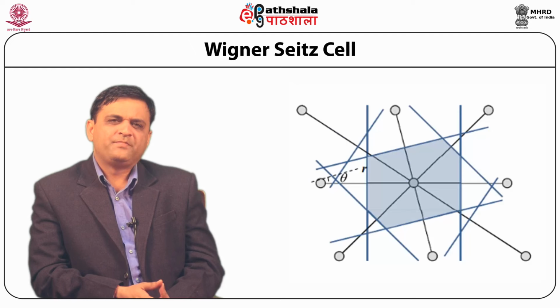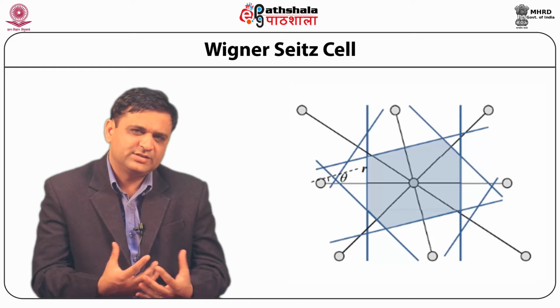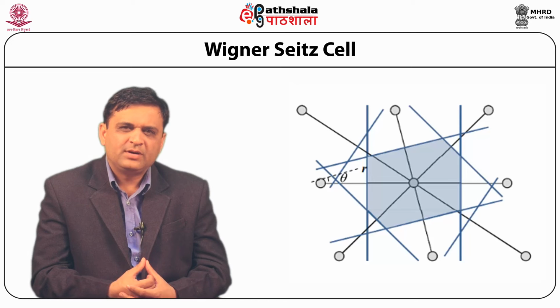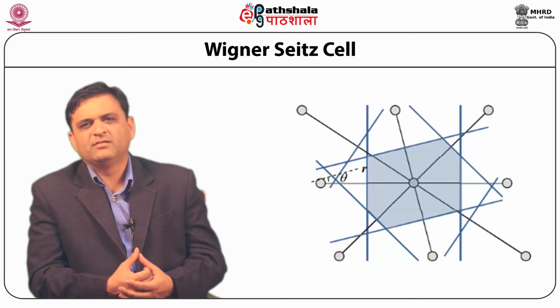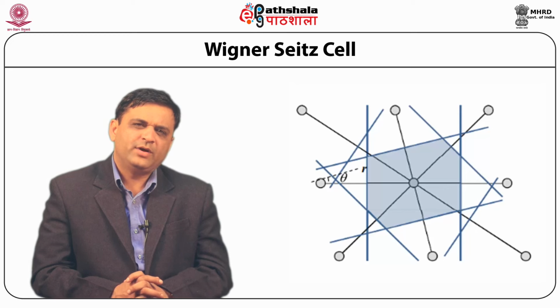Now I tell you about a different kind of primitive cell, which is called the Wigner-Seitz cell. How to construct that cell? As you can see in the figure, you have a lattice and you choose a point, and from that point connect the nearest neighbors with straight lines.